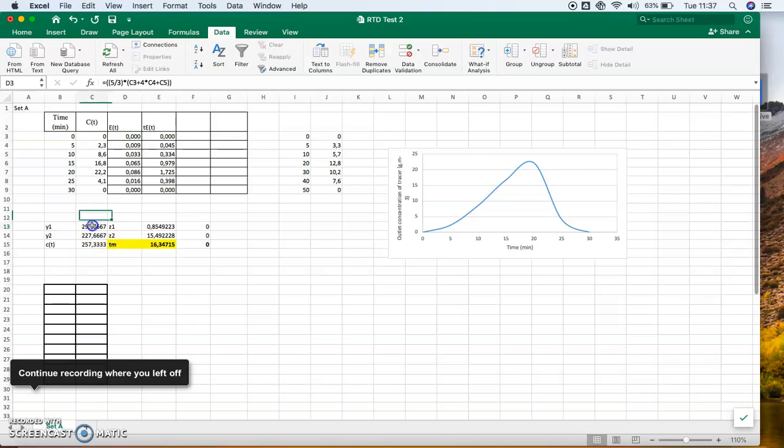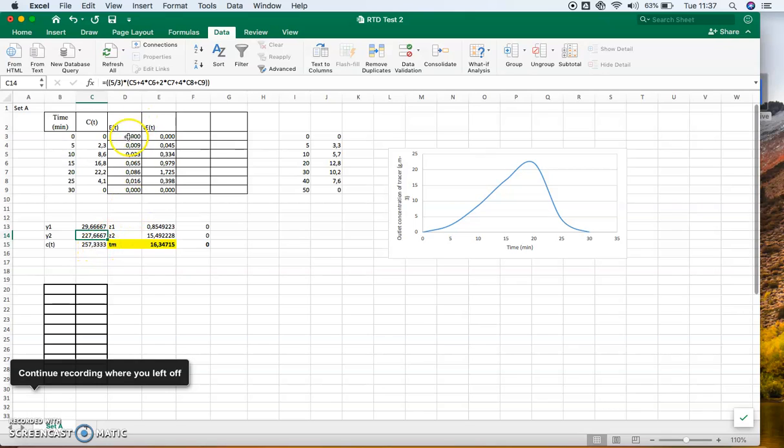Here I'm calculating using Simpson's rule, from this value up towards C5. I split it into 3 point, and this one I split into 1, 2, 3, 4, 5, so this is 5 point. So I will get a total integral of C(t) equal to 257.33.